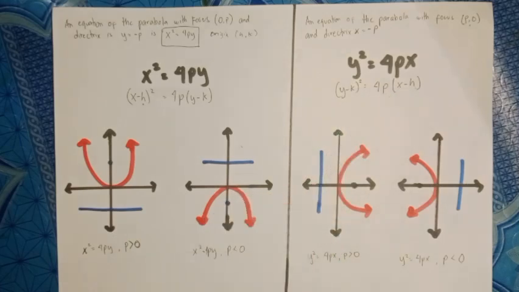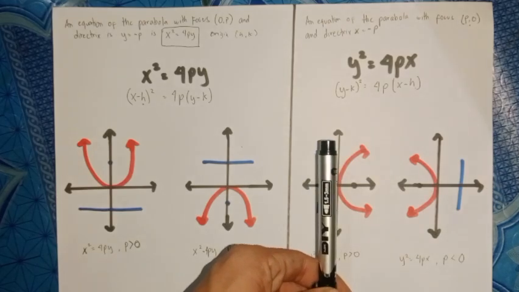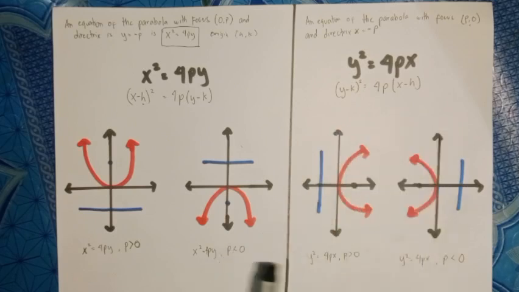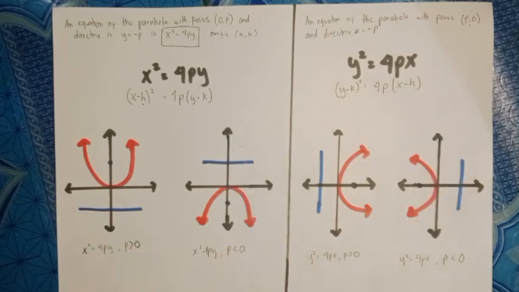Take note that if p is greater than 0, the curve of the parabola opens to the right, and if p is less than 0, the curve opens to the left. Those are the equations of the parabola.